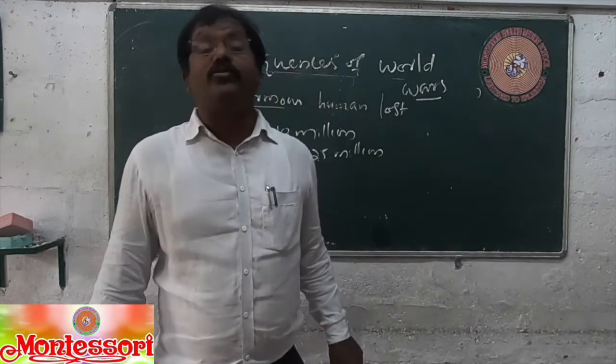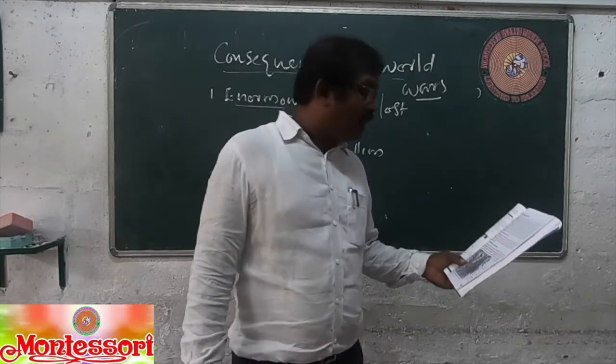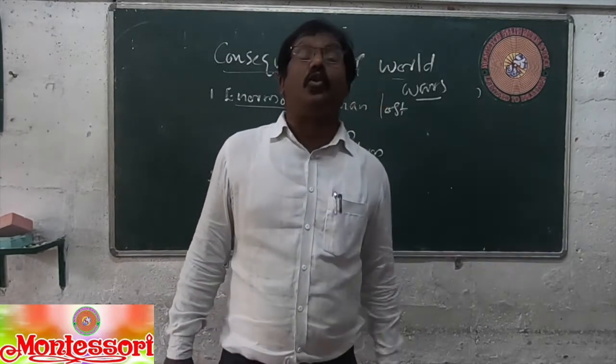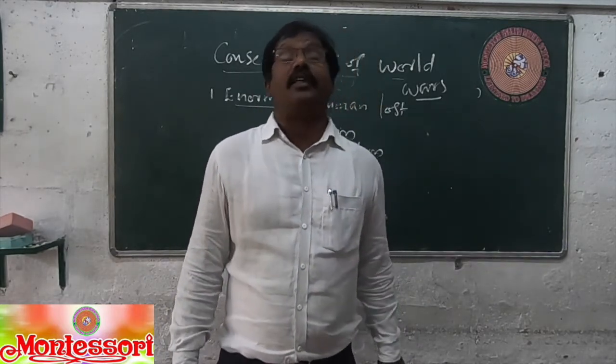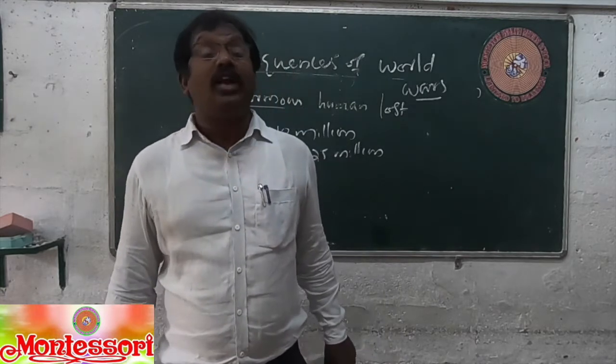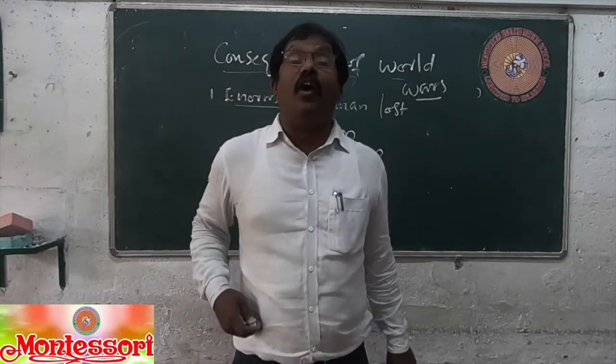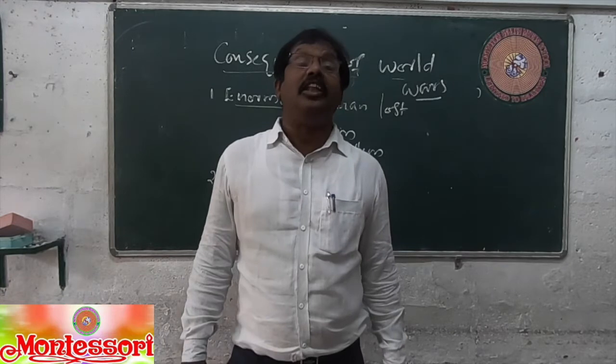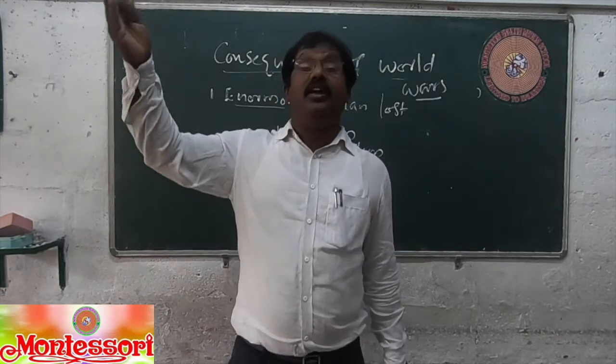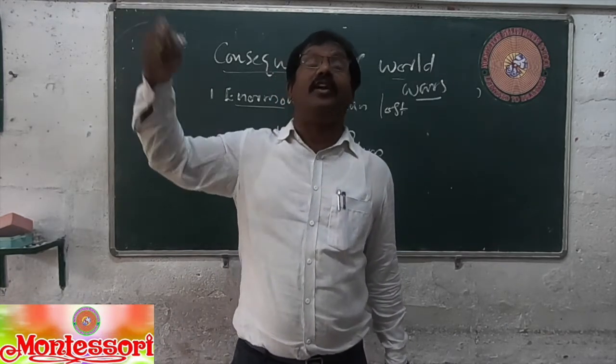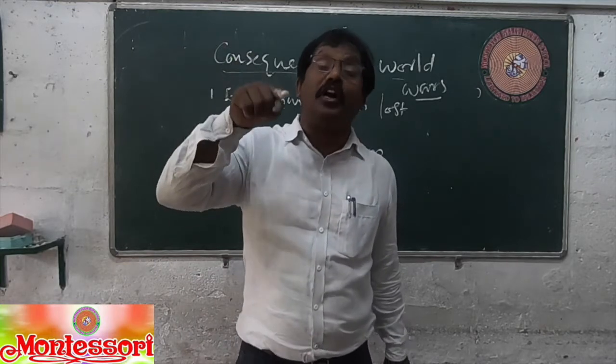And with the process of decolonization, after World War II, the colonies rose to independence. After World War II, many countries in the world got independence, including India. More than 70 countries got independence after World War II.